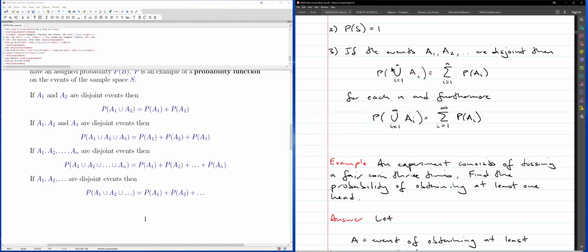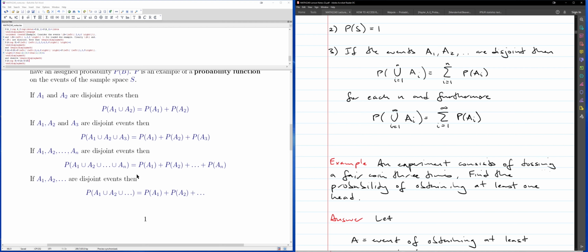So this fancy looking union is the union of A1 to An, and this is just summation notation, which means that's equal to the right hand side. So this statement is really just the second to last displayed statement that I have here.